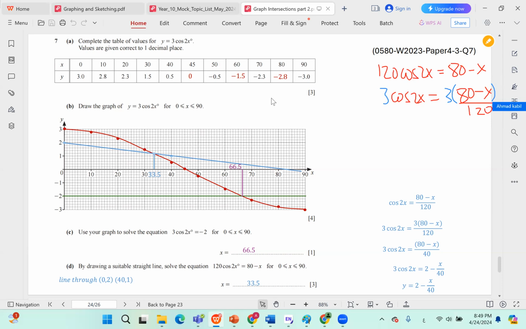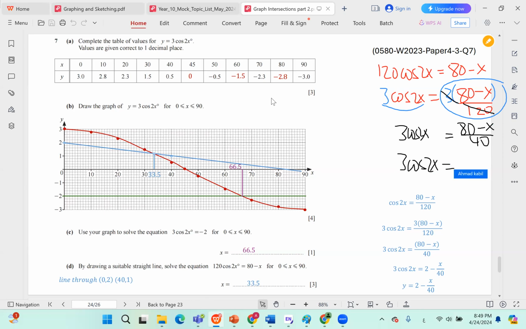This way, on the left, we have 3 cosine 2x, which is the graph that we already drew. And on the right, we have this expression, which we can graph as well. This is not a very difficult function. It just looks kind of weird. 3 and 120 can be simplified, so this becomes (80 minus x) over 40 equals 3 cosine 2x. I can simplify further by taking separate fractions: 80 over 40 is 2, so 2 minus x over 40.